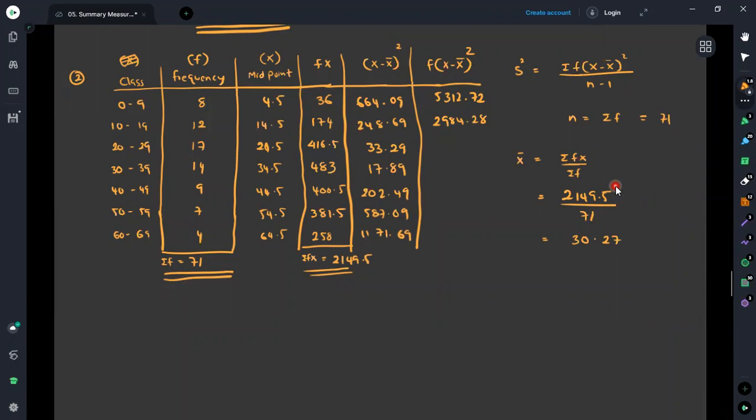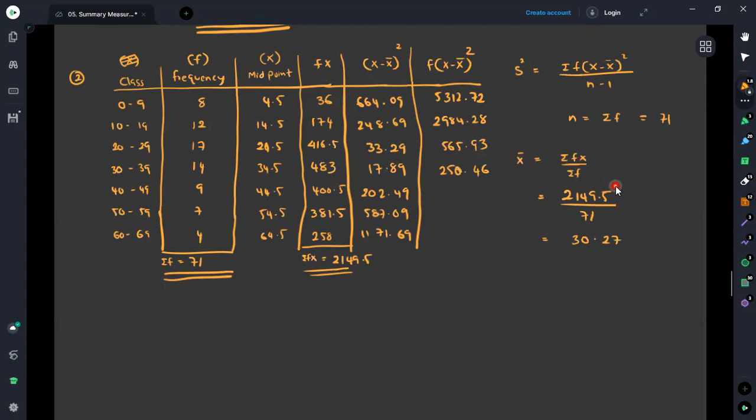Then 17 multiplied with 33.29, 565.93. Then we are getting 14 multiplied with 17.89. It is 250.46.